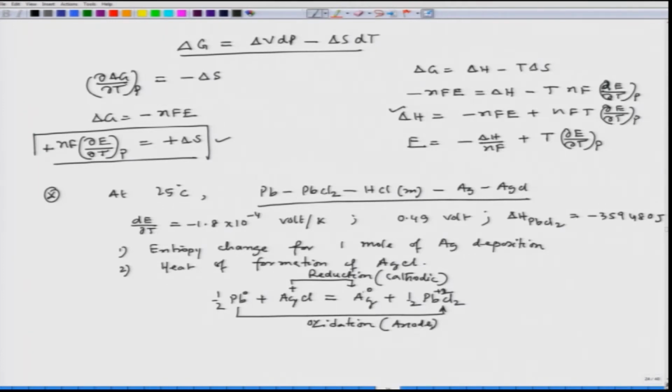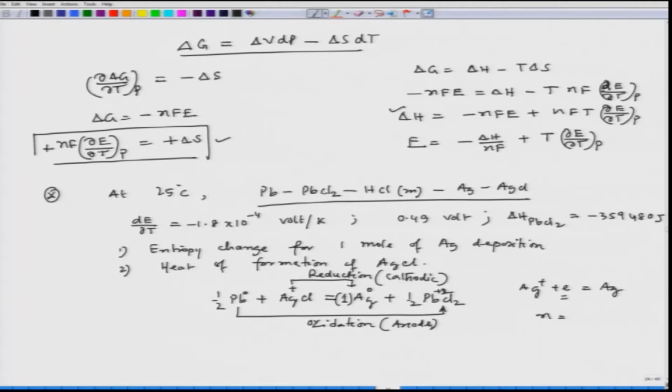Now, the silver will be deposited on that silver chloride plate, that interface. Here we have written this equation in such a fashion that I have 1 mole of Ag. Now, when we have 1 mole of Ag, the number of electrons participating in the cathodic reaction is 1.